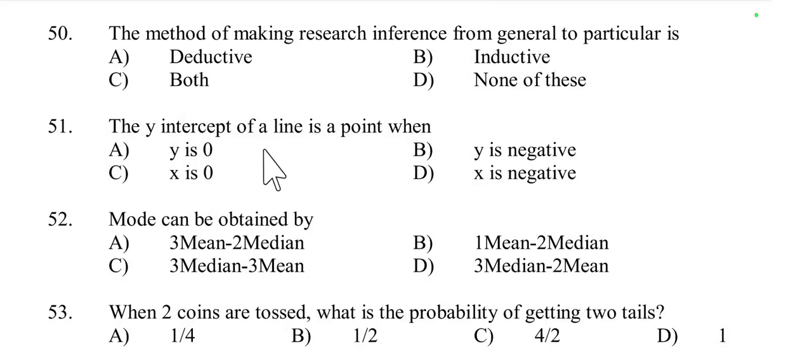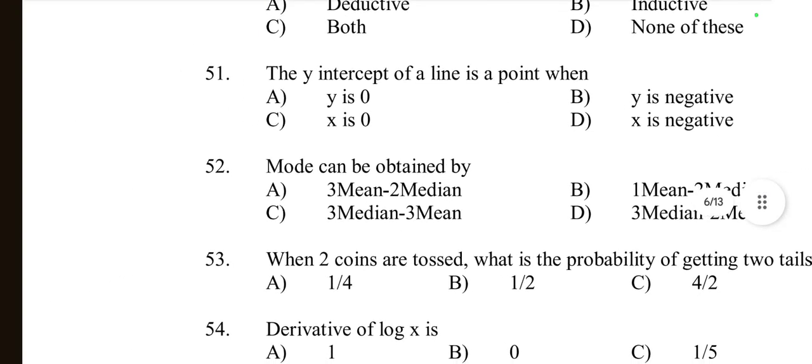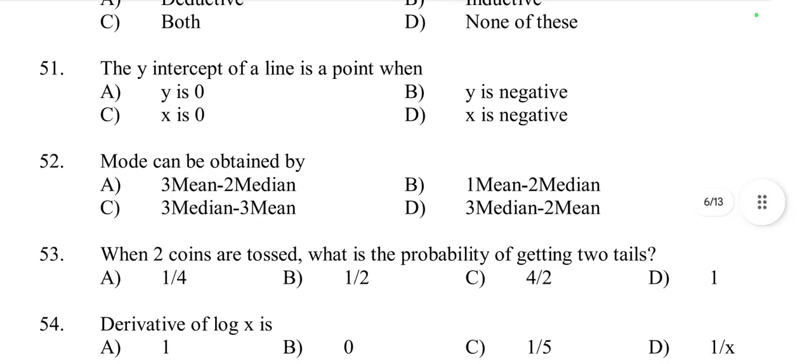The y-intercept of a line is a point when x is equal to 0, because the right answer is C. We know that the y-intercept is where the line crosses the y-axis.